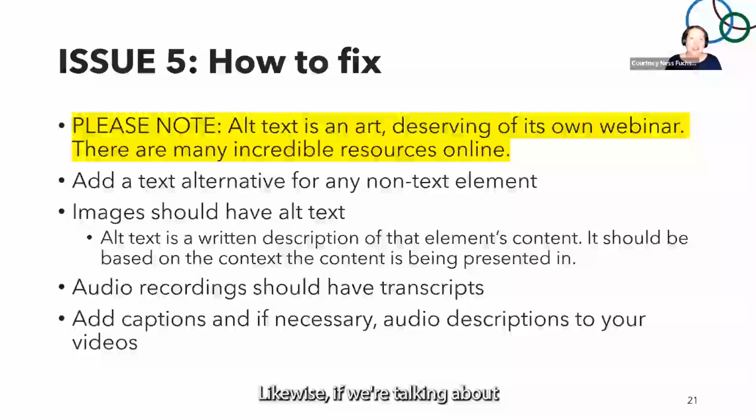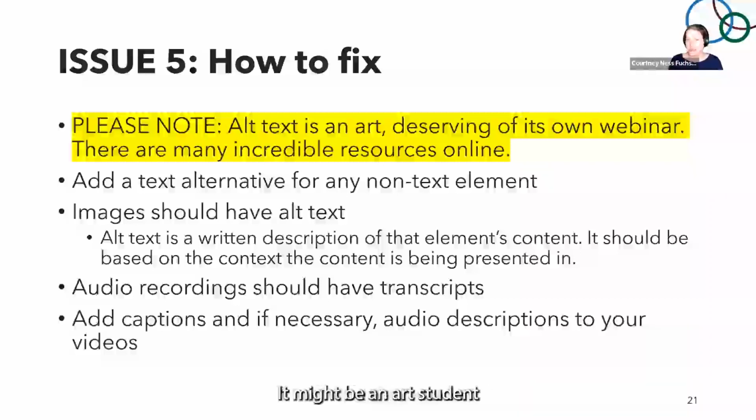Likewise, if we're looking at Van Gogh's Starry Night, the context you need to describe that in is different. So if, for example, you are describing a picture of people observing Starry Night in a museum, and that's what you're just describing, that there are all these people observing this picture, that is one way to describe it.